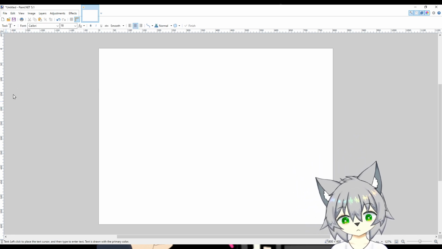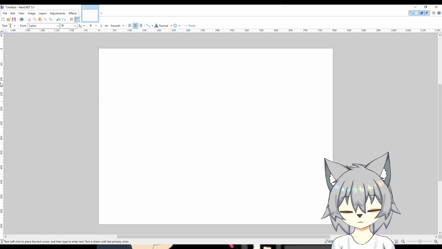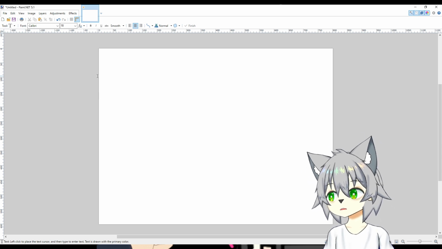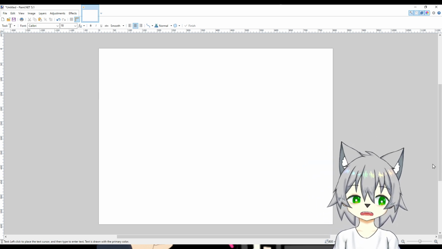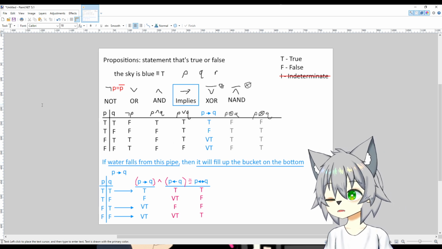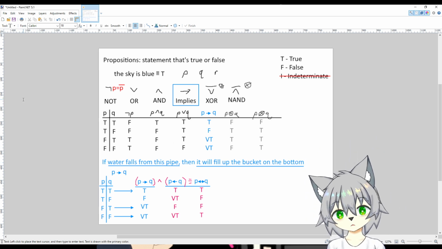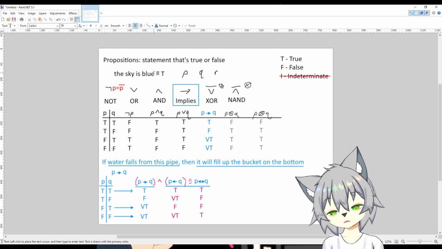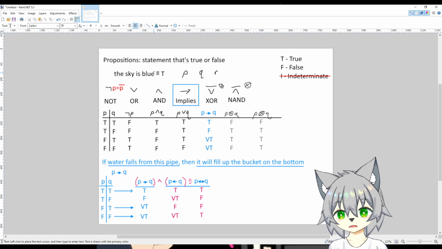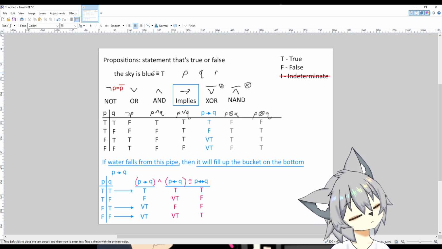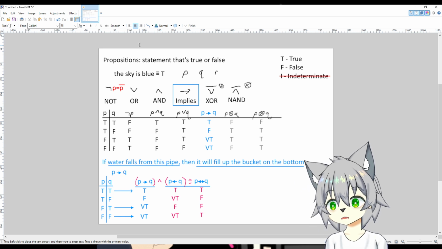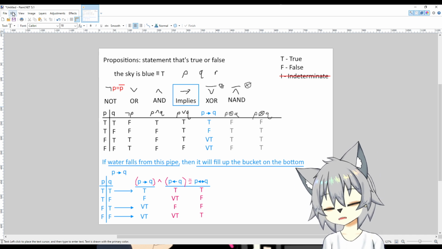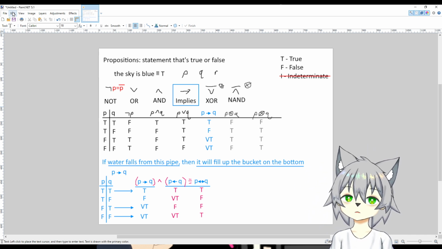So, I'm going to go ahead and copy the exercises, but actually, we can also talk a little bit more about propositional equivalence, because we know that when we use propositional variables, we represent different things, and we won't necessarily know what P or Q is.